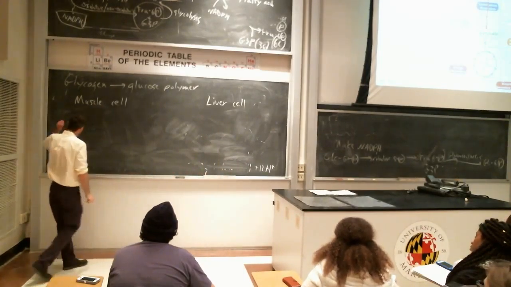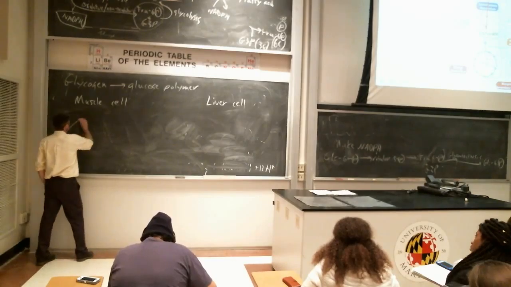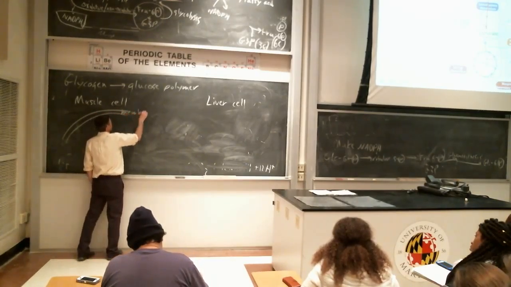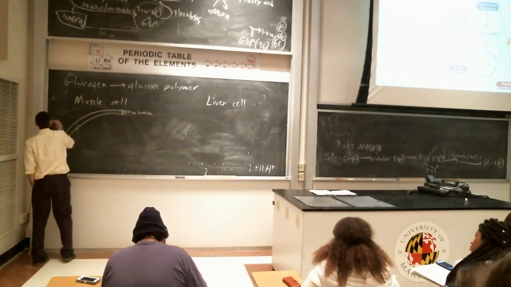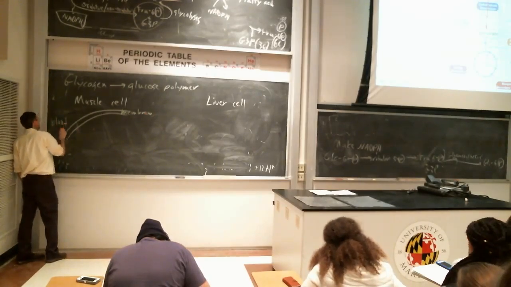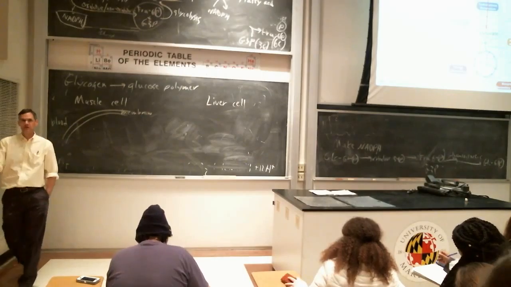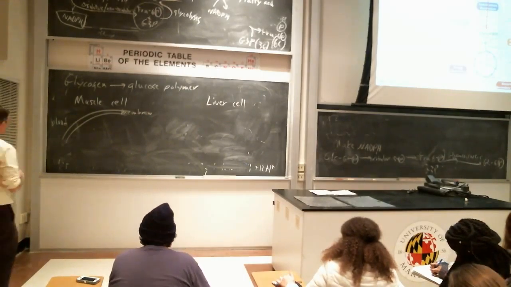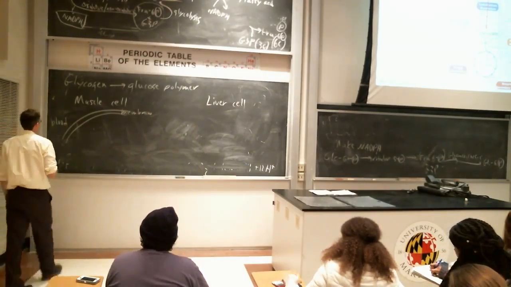Let's consider a muscle cell, and so this is a cell membrane, and this is the blood. When you're well fed, so you just ate a big meal, ate a lot of carbohydrate, your blood glucose levels go up. And so it's under those circumstances that glucose in the blood gets taken up into the muscle cell.